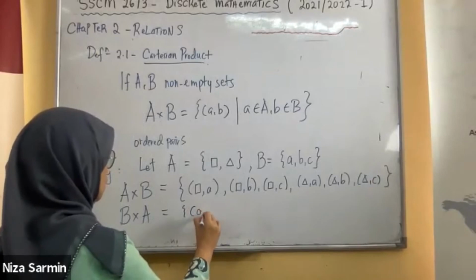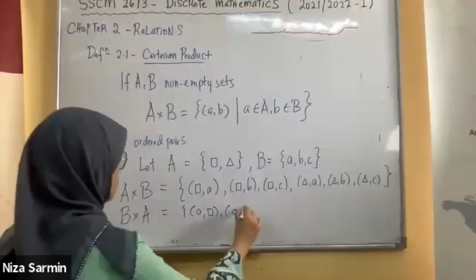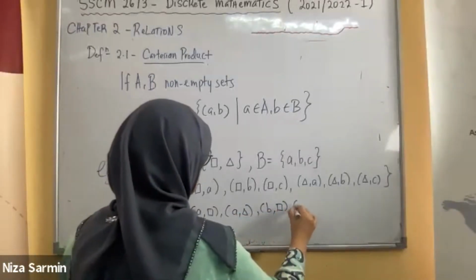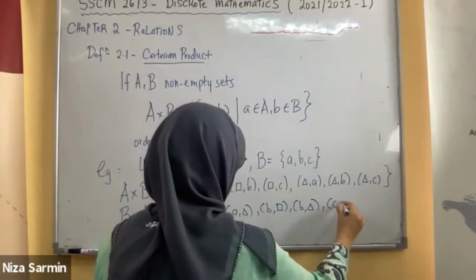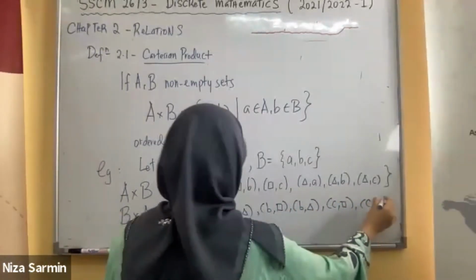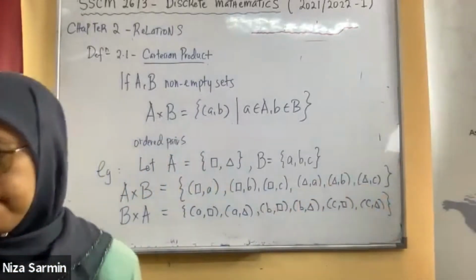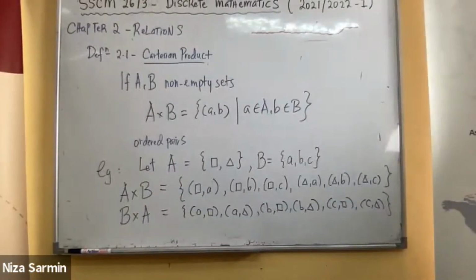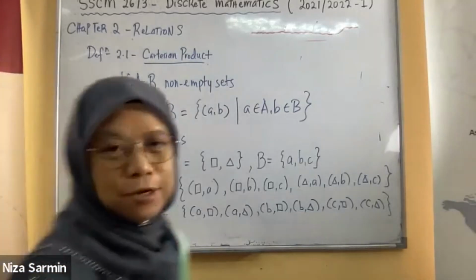So I can start with A, and then I start with B, and I start with C. Okay, clear, right? It's clear.